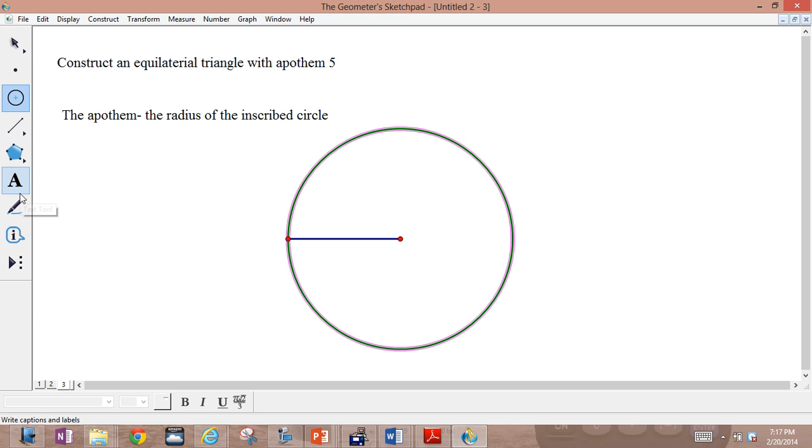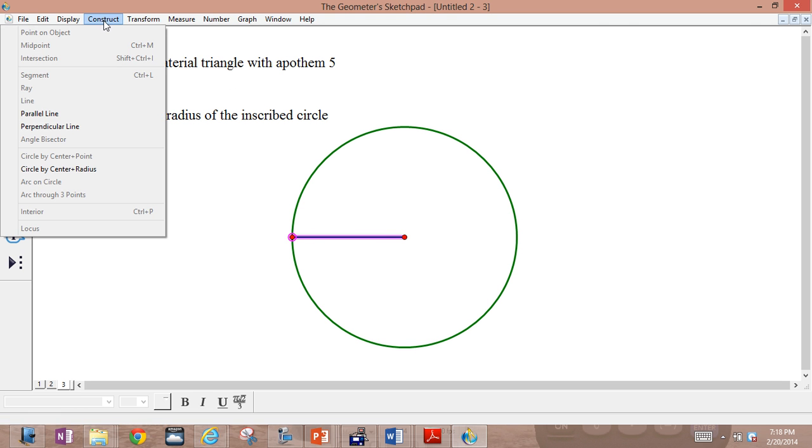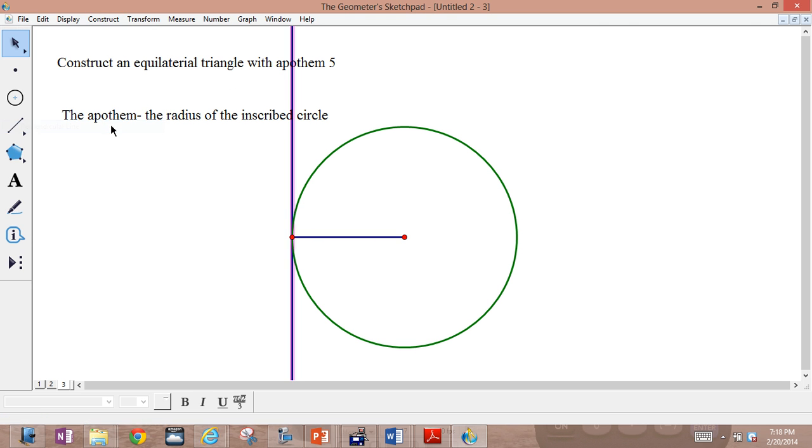The best way to approach this is as follows. I'm going to select and draw a tangent, because if there's a triangle inscribed by the circle, it means the sides of the triangle are tangent to this inscribed circle. So let's proceed with that. I'm going to select this point and construct the perpendicular line. Now from there I want to have 3 equally spaced lines around the circle.